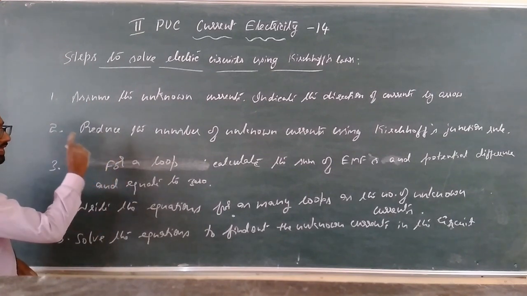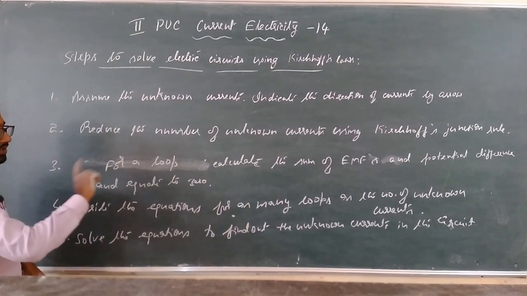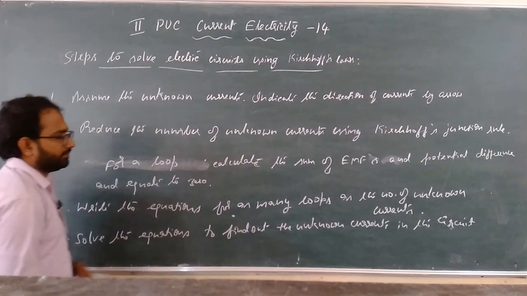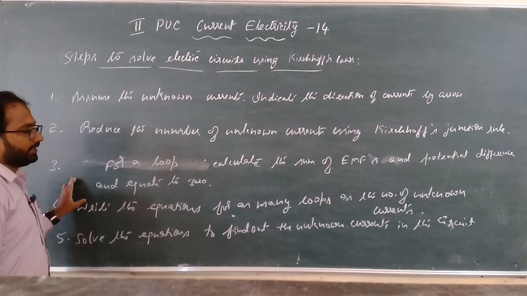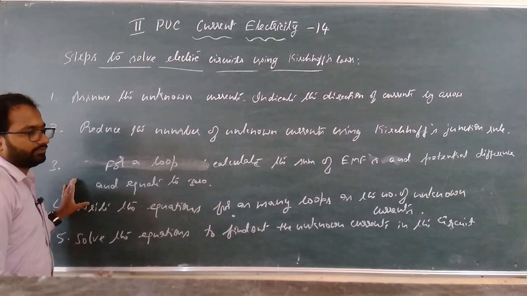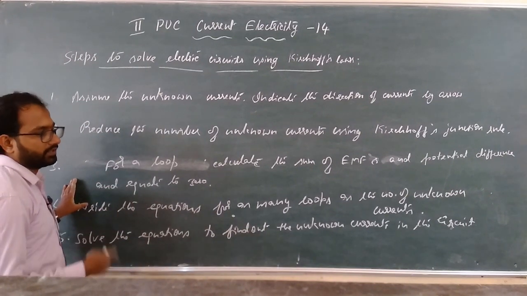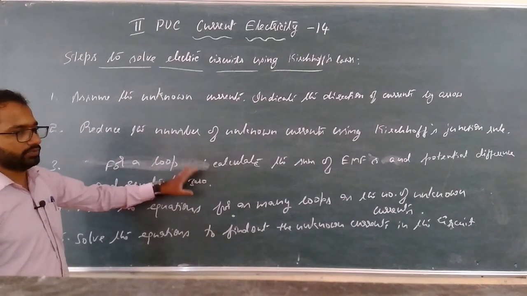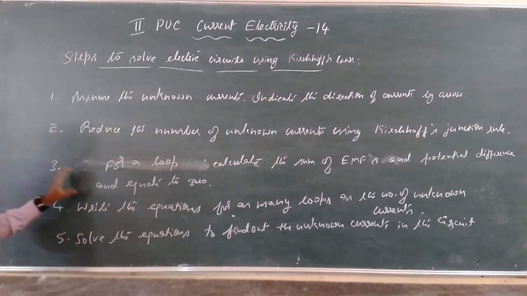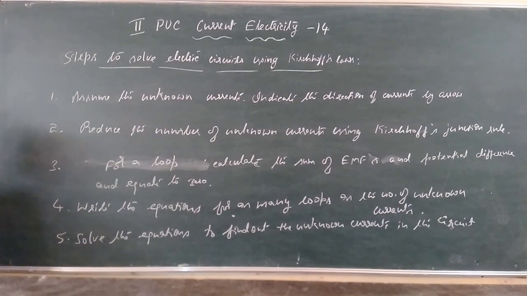Choose your loop and the direction of traverse, clockwise or anti-clockwise, and then calculate the sum of EMFs and potential differences. That is nothing but calculating the change in potential around a closed loop, choosing the direction of traverse, and equate it to 0. Write such equations for as many loops as the number of unknowns, and solve the equations to find the unknown currents in the circuit. So these are the steps involved in solving circuits using Kirchhoff's laws.